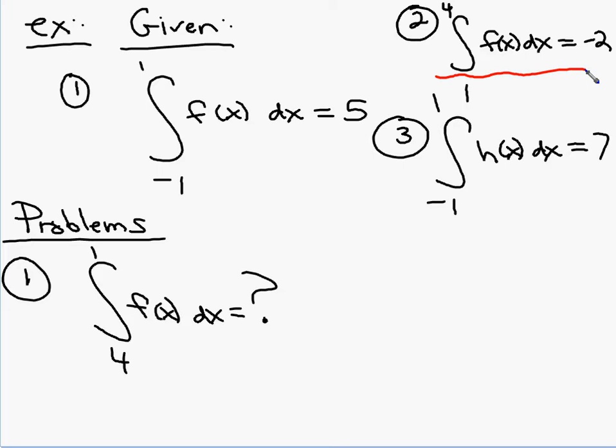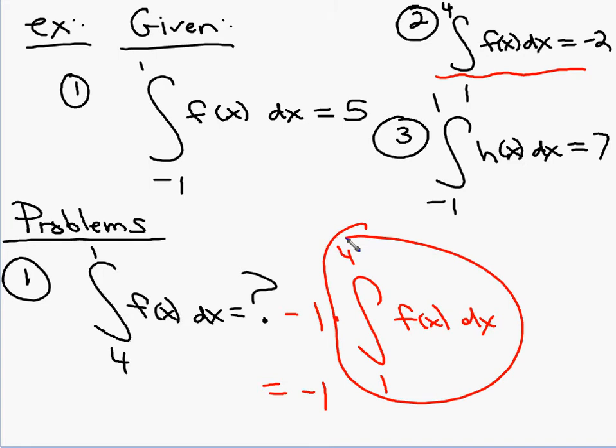So this is going to be equal to negative 1 times the integral from 1 to 4. So they told me that this is negative 2. So negative 1 times negative 2, the answer is positive 2. Now I know maybe we didn't have to show all those steps, but I'm here to explain things to you, so that's how I arrived at that answer.